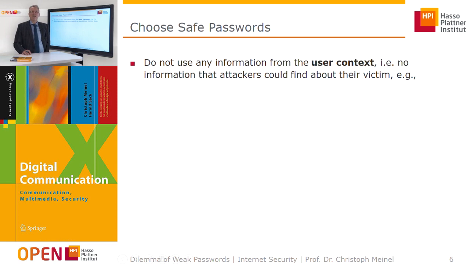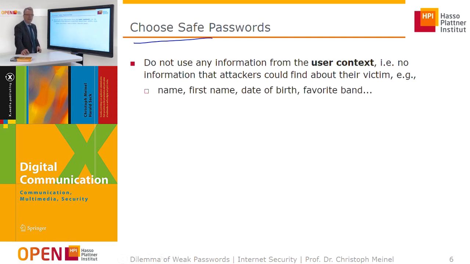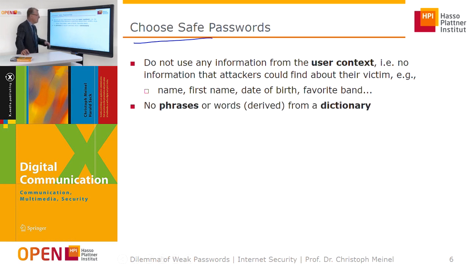So the question is how to choose safe passwords. First, do not use any information from the user context. No information that the attacker could find about their victim. For example, name, first name, birthday, favorite band, the name of the dog, or many others.